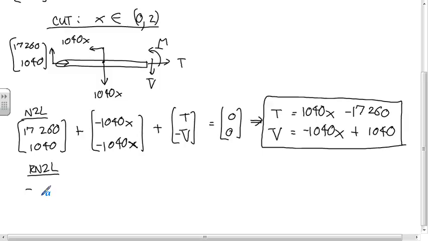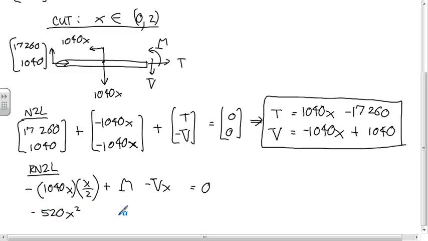So we're going to have a negative moment of 1040x times x over 2. And then we're going to have plus m minus vx is equal to 0. And so negative 520x squared plus m minus vx is equal to 0.